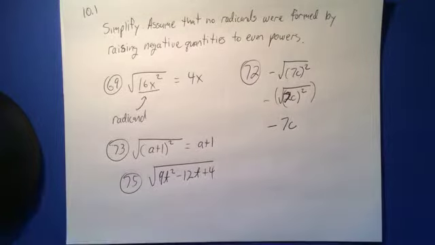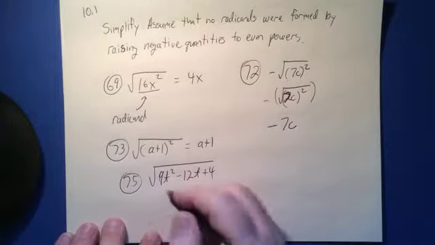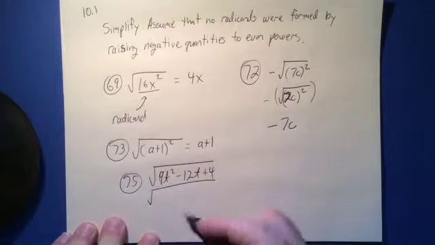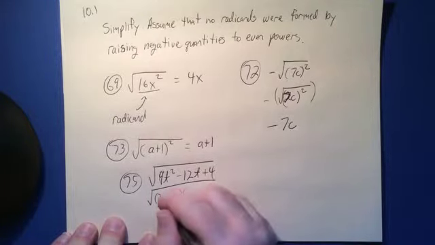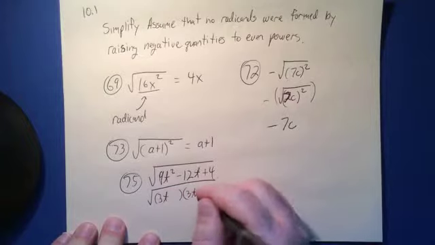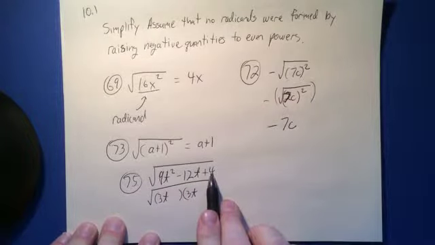Looking at question 75, this is going to be the square root of 9t squared minus 12t plus 4. Now, some of you may look at this and say, well, how do I figure out what this is going to be? In this section, typically, the strategy is that these are going to be perfect squares. So if I'm trying to find what the factors are going to be, I know that 9t squared is going to be 3t times 3t. I know that positive 4 I can either get by plus 2 times plus 2 or minus 2 times minus 2.